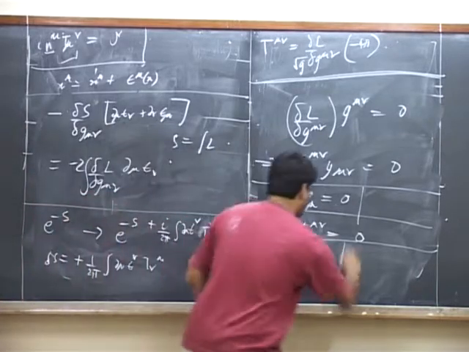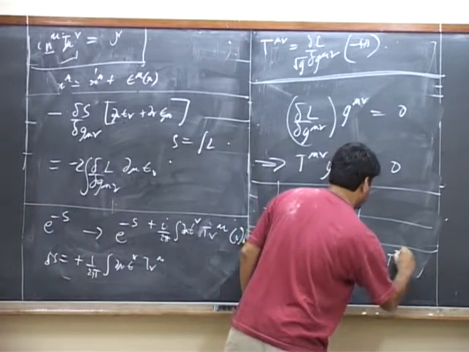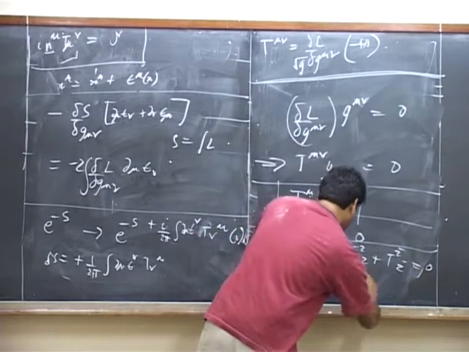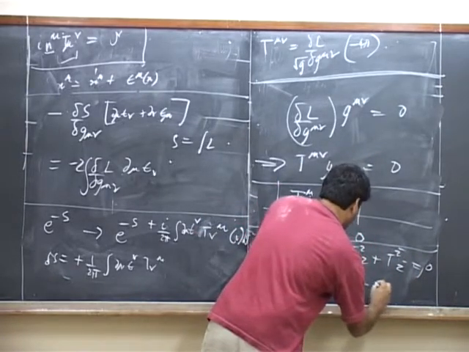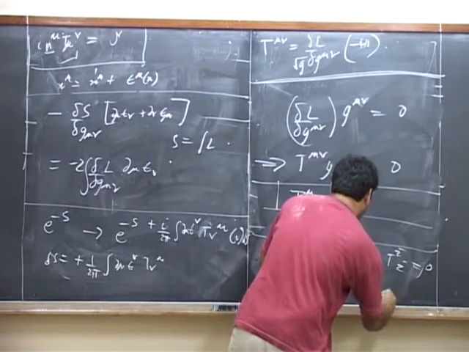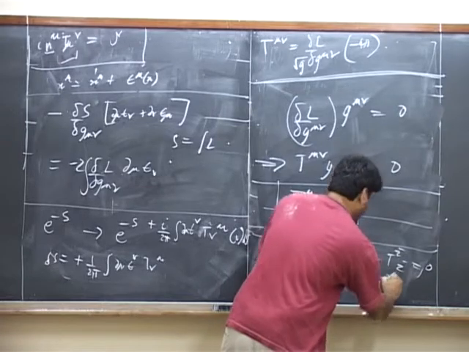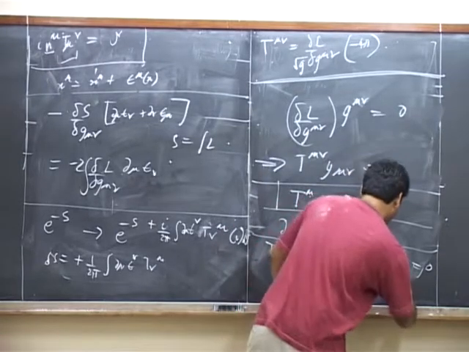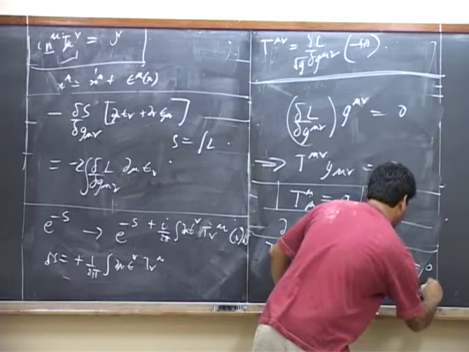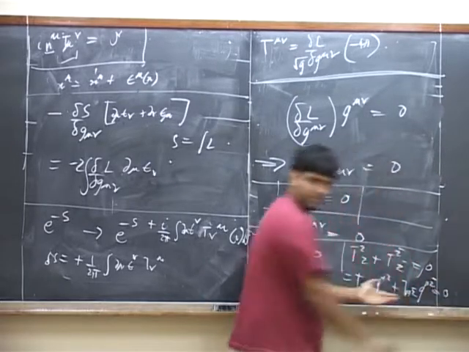So what is the statement? This is T z z plus T z bar z bar is equal to 0, which means T alpha z g alpha z plus T beta z bar g beta z bar equals 0.